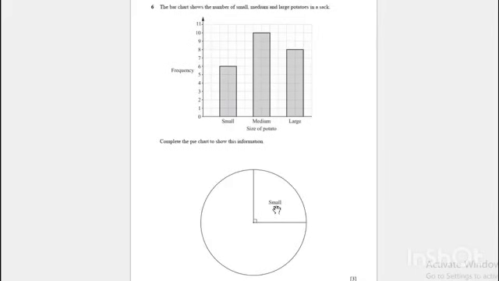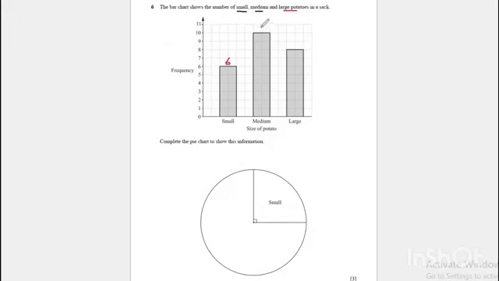Remember in this question, the first part, the bar chart, will help you to complete the pie chart in the second part. The bar chart shows the numbers of small, medium and large potatoes in a sack. Here we have frequency, that means the number of potatoes, and on the other axis the size of potatoes: small, medium, and large.